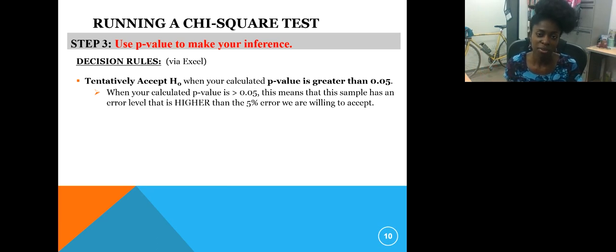So a p-value of 0.1, I'll accept it because I really want to talk about the sample as it relates to the population. Granted, a 10% level of error is a pretty large percent of error, but some of this is a soft science, if you will, social science versus a hard science, as they call it.